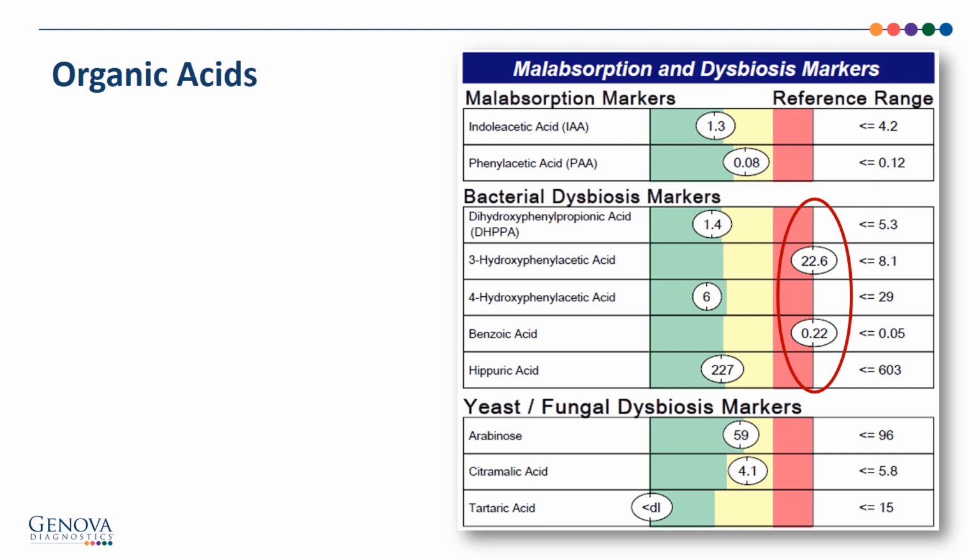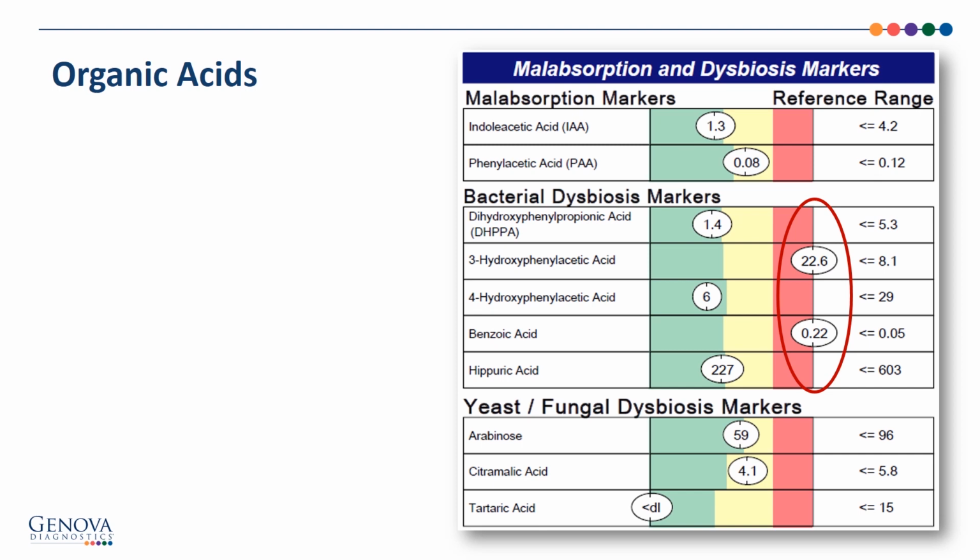These are nutrients that can be converted in the gut by anaerobic bacteria into 3-hydroxyphenylacetic acid. And when that occurs, we're seeing a very high concentration. We may wonder about an imbalance amongst the various bacteria that are making the conversion, thus dysbiosis.